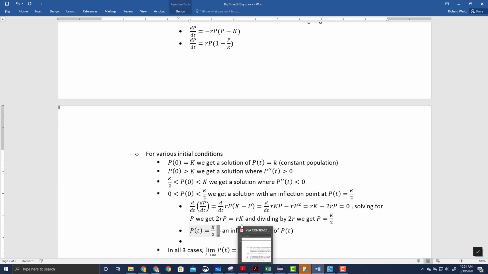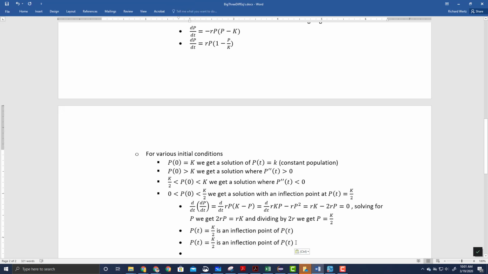And we could also say that that's also the point where the growth rate of the population is at a relative and absolute maximum.